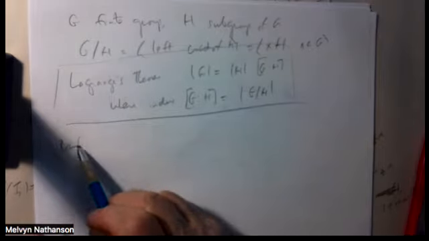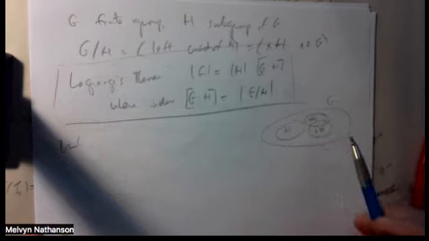So that's Lagrange's theorem. Let's see, there are lots of ways to prove this. So here you have your group G, you have a subgroup H, you have these left cosets xH and yH.